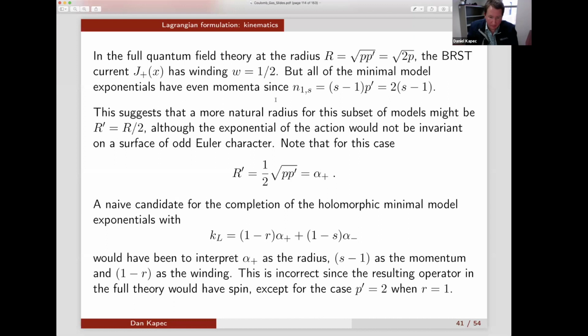Yeah, nice, thanks. That's very helpful. My suspicion is that the whole BRST discussion would be much more natural in a fermionic version of these models. You can see this very clearly in the 1 comma 2 case, which is not actually a minimal model.